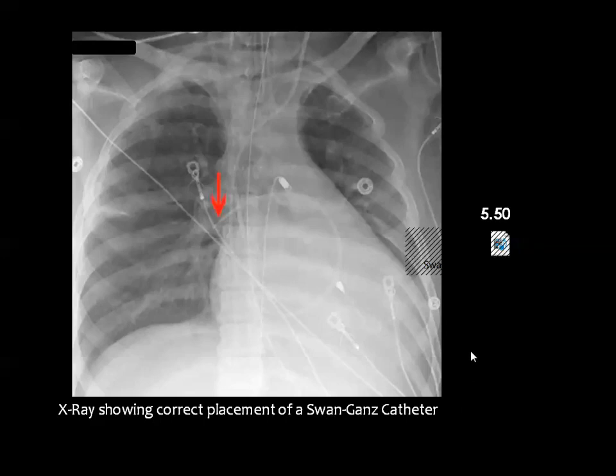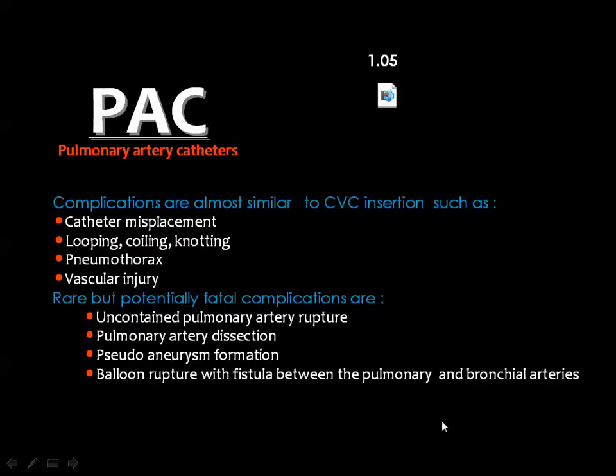Okay, we have seen how to introduce the Swan-Ganz catheter, and you noticed that the position of the catheter is judged by the electrocardiogram, and you do not need to go to the radiology department to look at the catheter under fluoroscopic control.